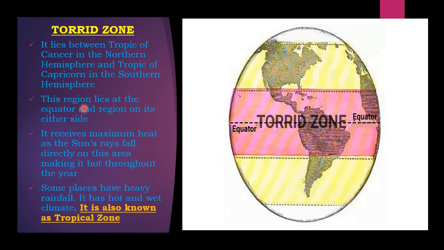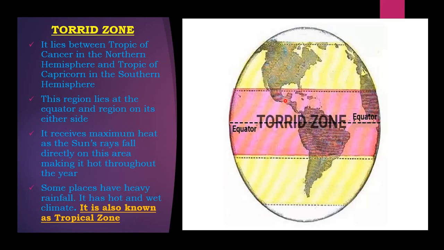So this region lies at the equator and the region on its either side. You can see here it is exactly at the center of the equator. Lies means exactly it comes on the equator and the region on its either side.